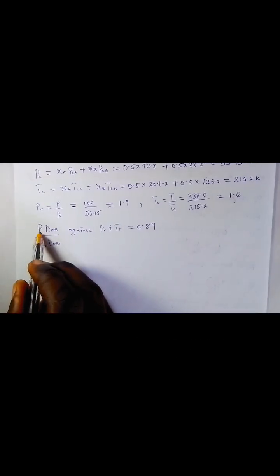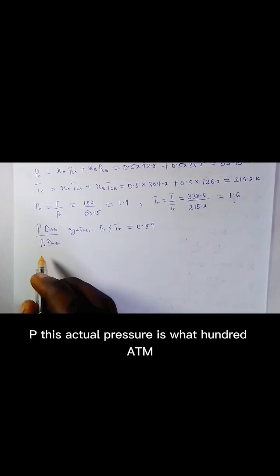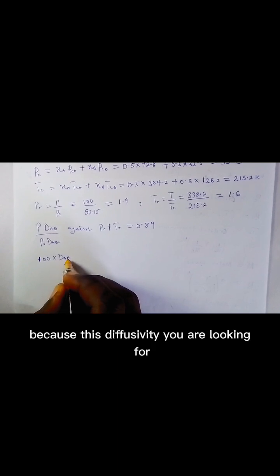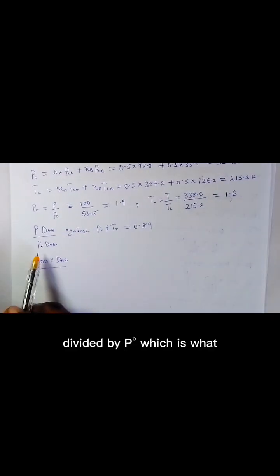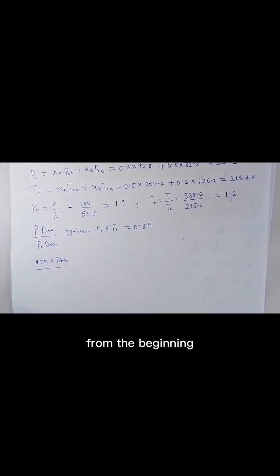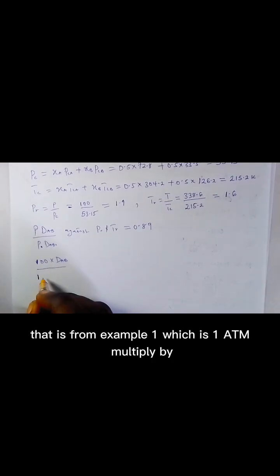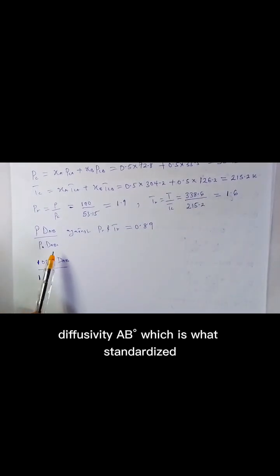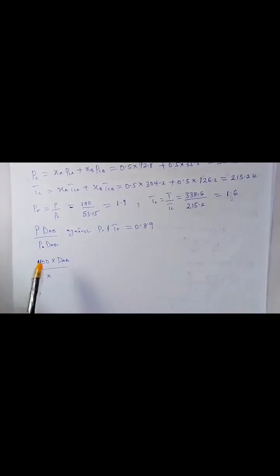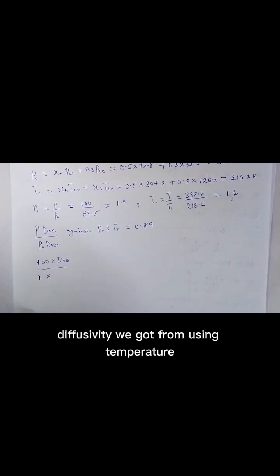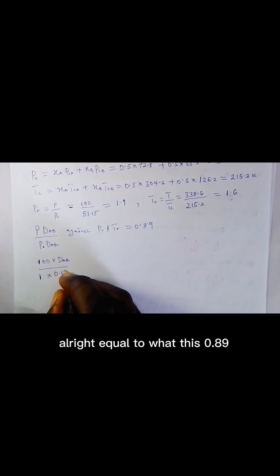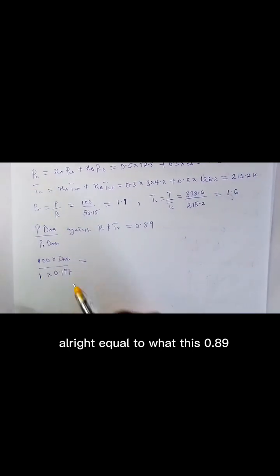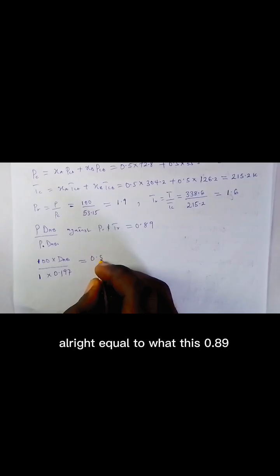We have P, the outer pressure, as 100 atm, multiplied by the diffusivity D_AB, because this is the diffusivity you are looking for, divided by P⁰, the pressure from the beginning, from example 1, which is 1 atm, multiplied by D_AB⁰, the standardized diffusivity we got using temperature, which is 0.197, equal to this 0.89.